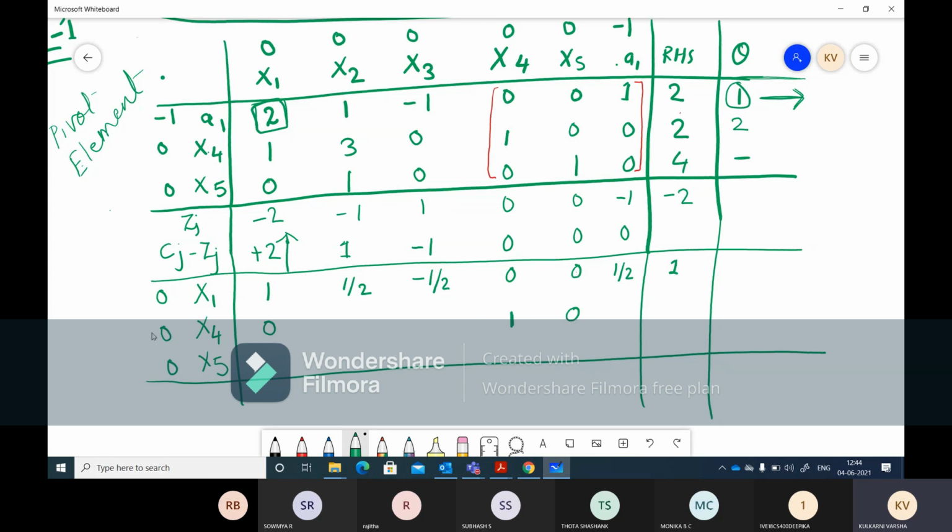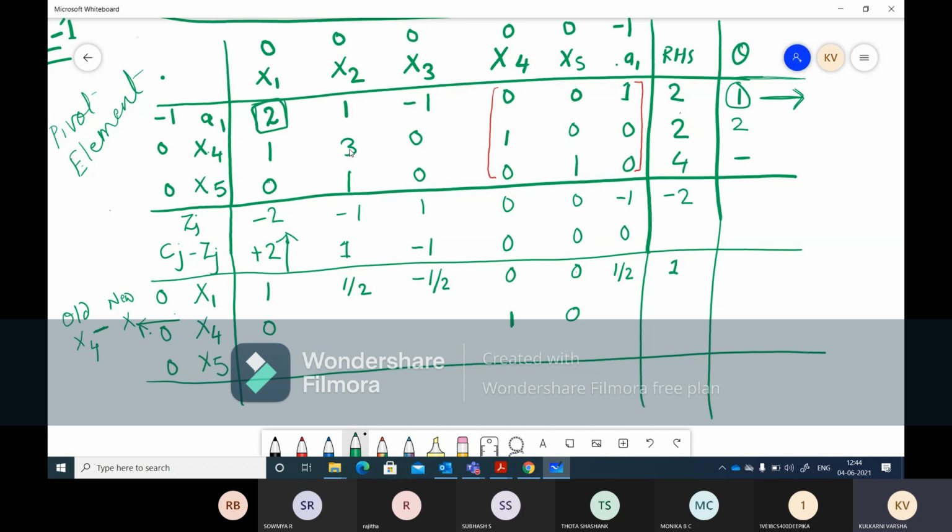That means to get this new x4 from the old x4, we need to subtract the new row, that is new x1. If we do simple subtraction from the corresponding elements, we are getting the required values.